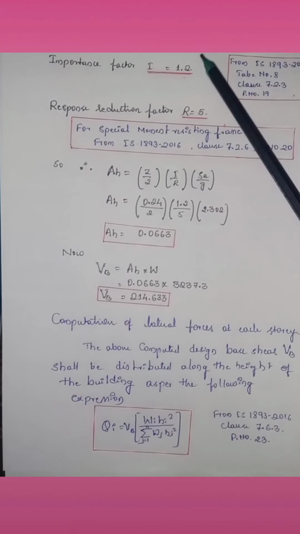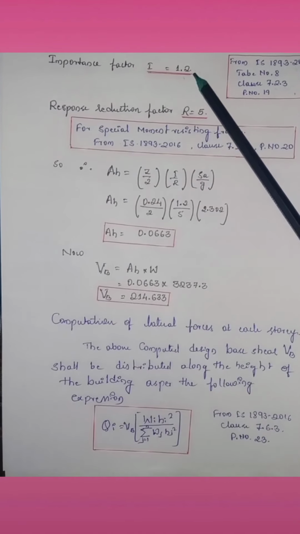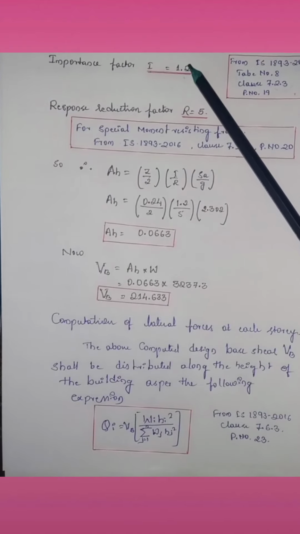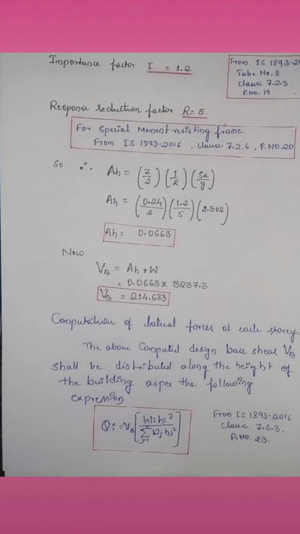This is the importance factor for a residential building, and they have given it as 1.2. Earlier, in the IS 1893 2002 code, it was only 1 for a residential building. Now they have made it 1.2 for residential buildings also.